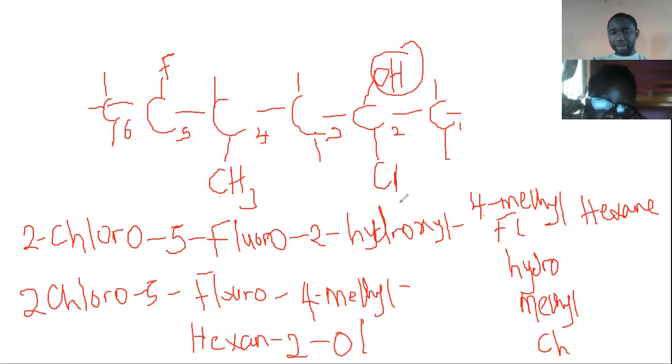So it can be named like this, or like this. If you name it like this, you're correct. Whenever we see OH attached to something, it's a hydroxyl group, and a hydroxyl group is also part of the alkanol family.